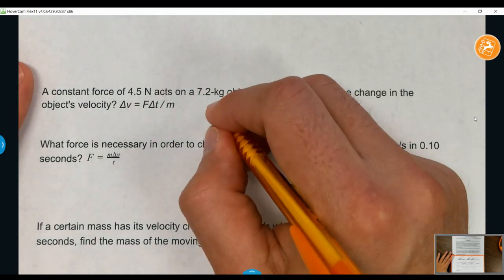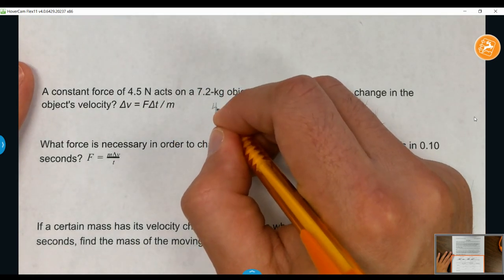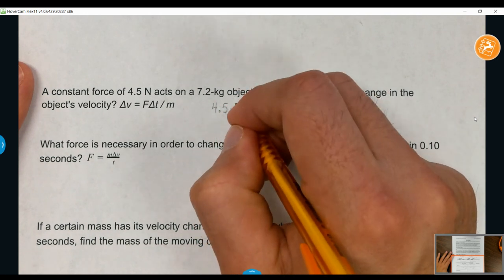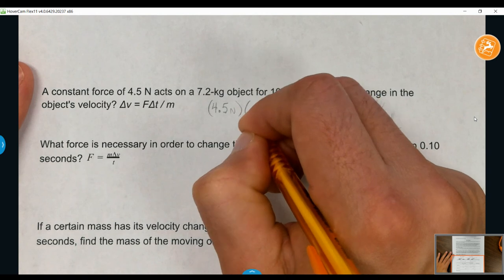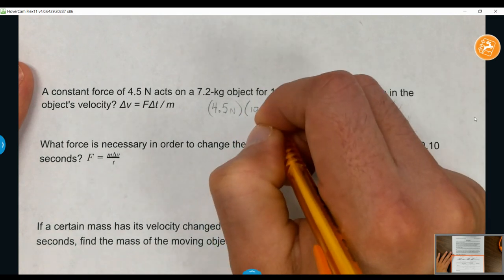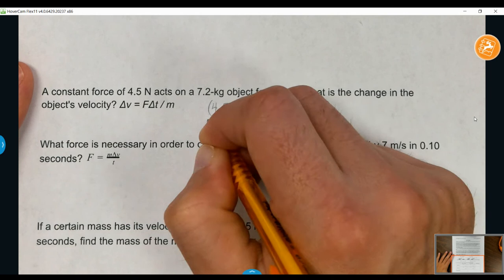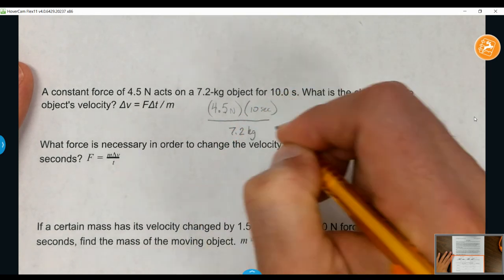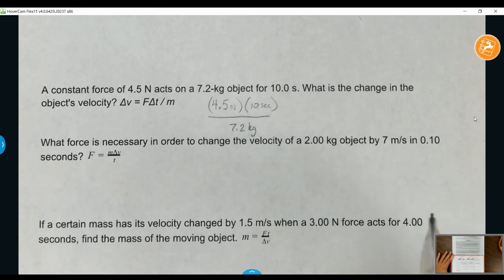So the force was 4.5 newtons. The time was 10 seconds. Mass was 7.2 kilograms.